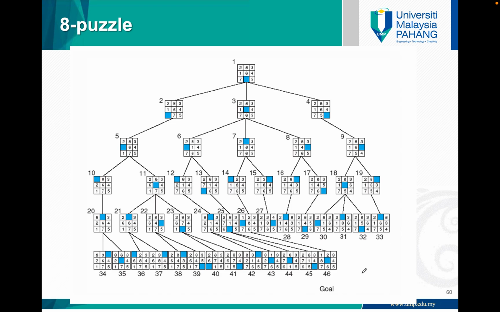Then switch the position of the blue box to be top middle, and then from top middle you can go from here to here, and then oh no, not this one.